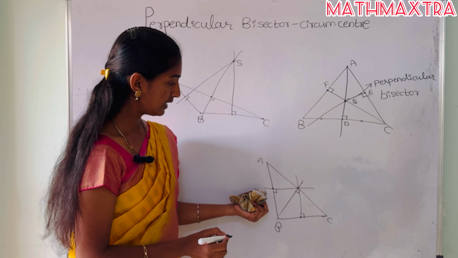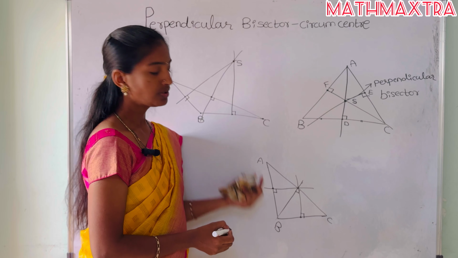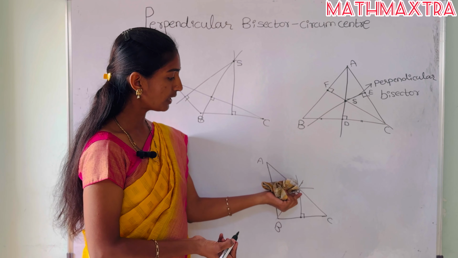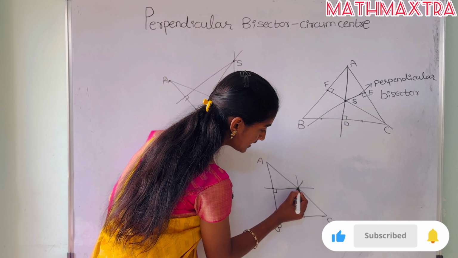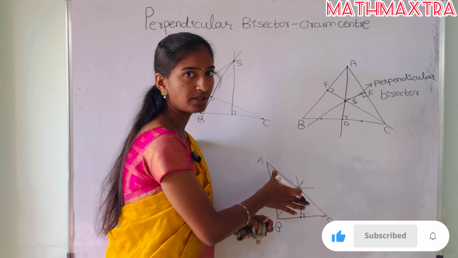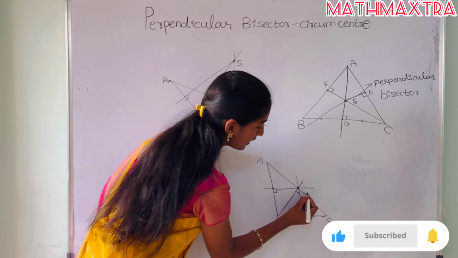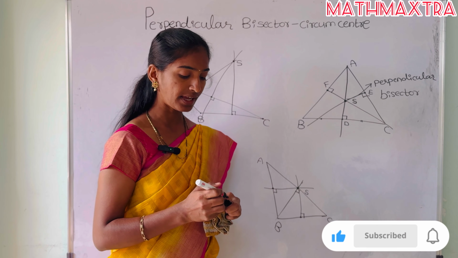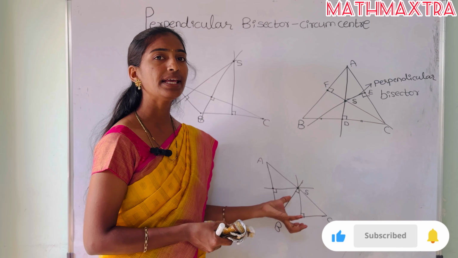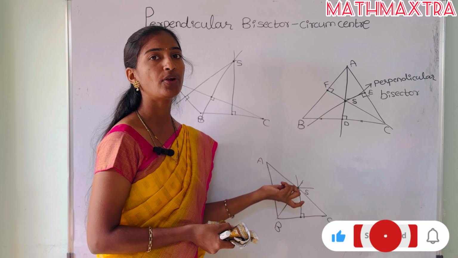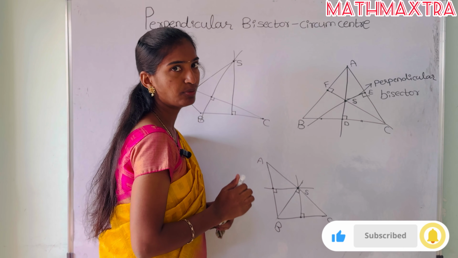These three are perpendicular bisectors of this right angle triangle ABC. Where are they concurrent? They are concurrent exactly at the midpoint of the hypotenuse. So this is the circumcenter. For the right angle triangle, we can conclude that the circumcenter always lies exactly at the midpoint of the hypotenuse.